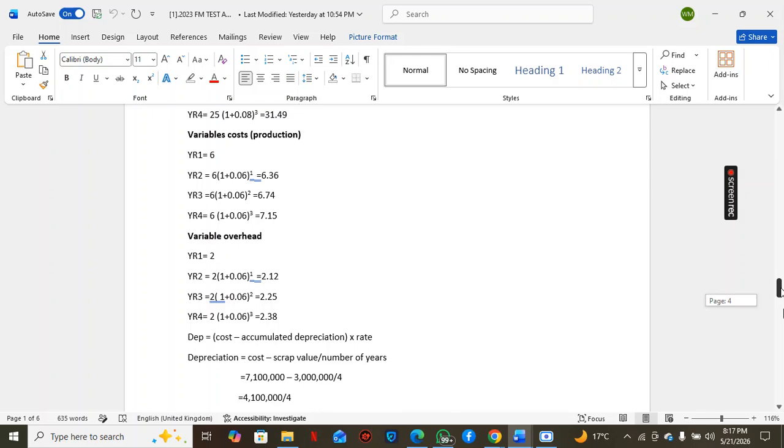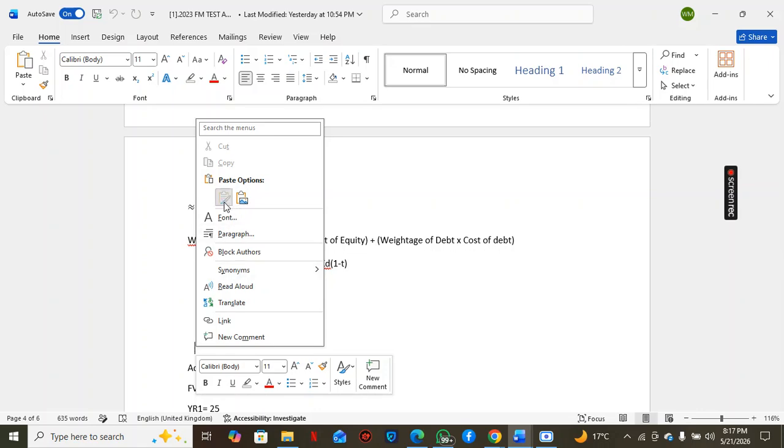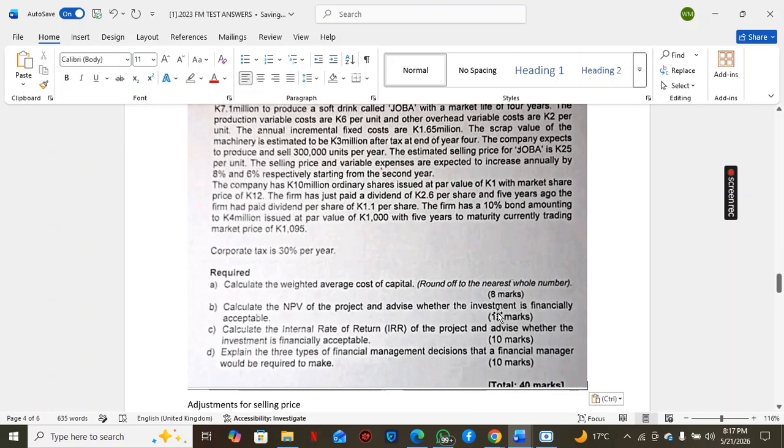So remember, colleagues, any figure that looks funny, it has come from the question. Nowhere else, the question, okay? So before we also make this marginal costing profit statement, we need to make certain adjustments because we've been told the selling price and the variable expenses are expected to increase by 8% and 6% respectively, starting from the second year.